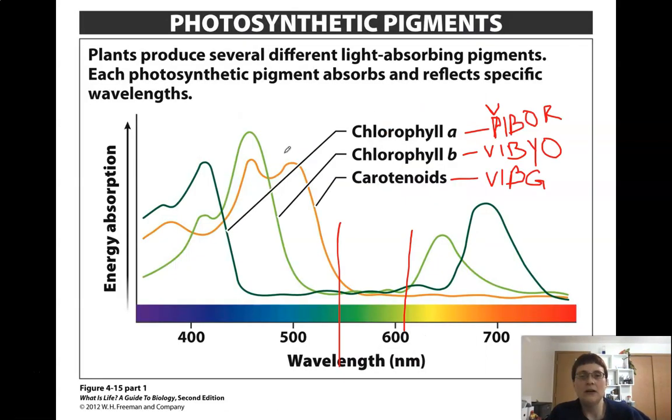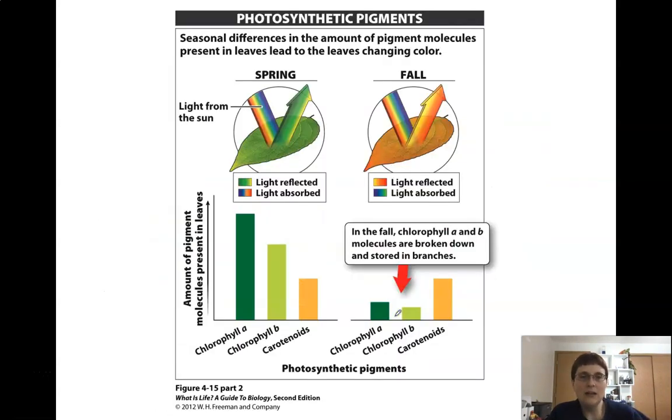And so this section right here is green with a little bit of yellow. Well, that's why almost all of the plants are going to appear green to us, because that's the color of light that they can't absorb and they reflect, right?